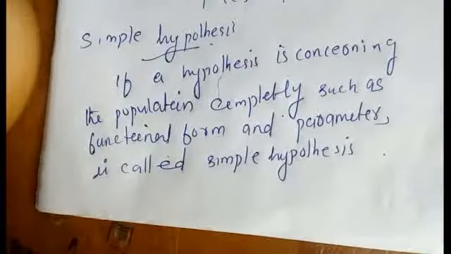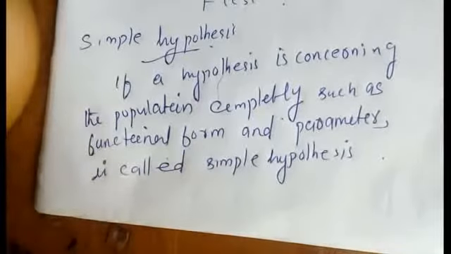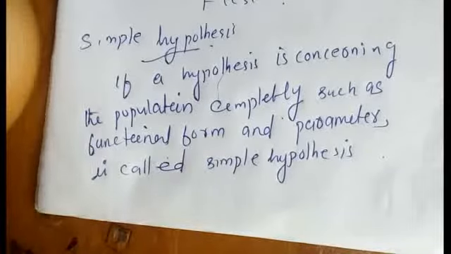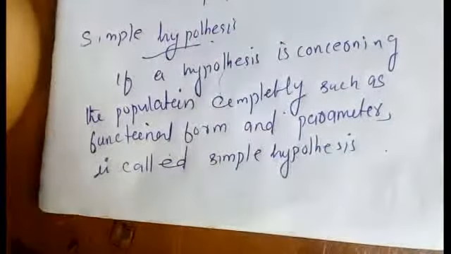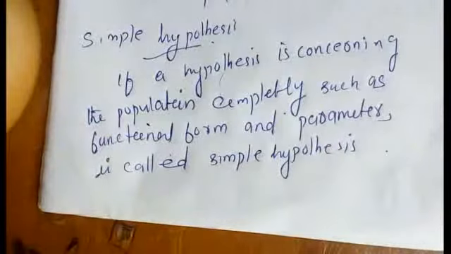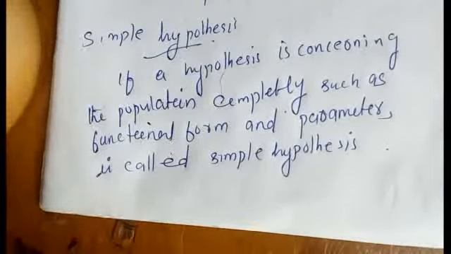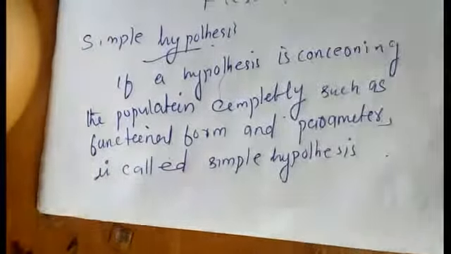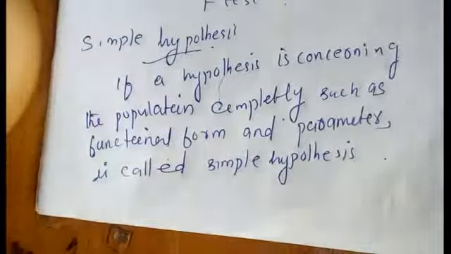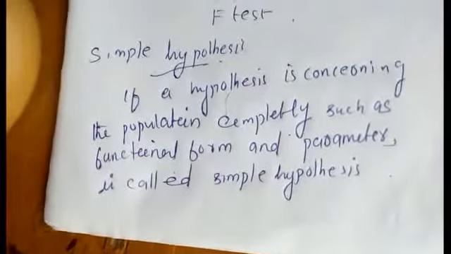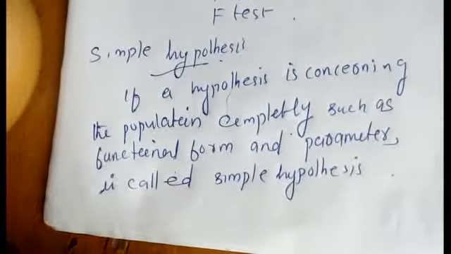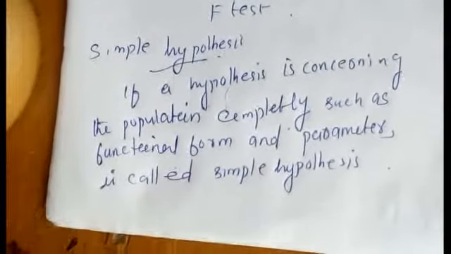So this depends on the area and the generation, old or younger. That is more than two variables. Such a type of hypothesis is called a complex hypothesis.